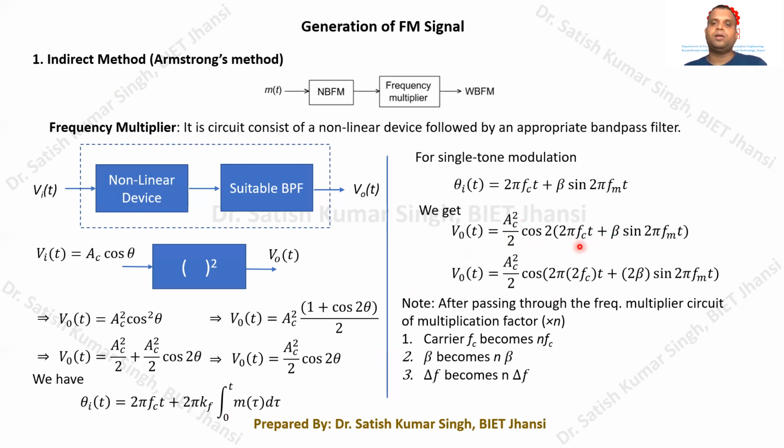Now, if you multiply the factor 2 inside this bracket, we get V output equals AC square by 2 cos of (2 pi 2 fc t plus 2 beta sine 2 pi fm t).